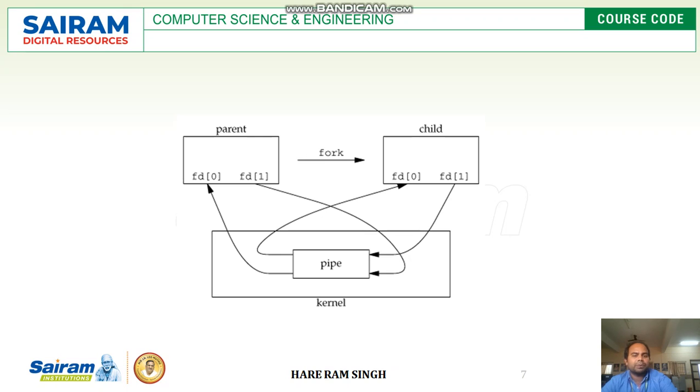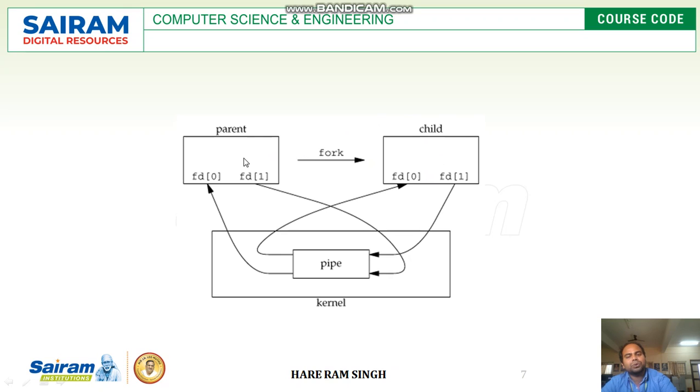Next, how can inter-process communication happen using the pipe between a parent process and a child process? First, the parent process creates the pipe, which returns two things, fd0 and fd1. Then the parent process calls the fork function and creates a child process.